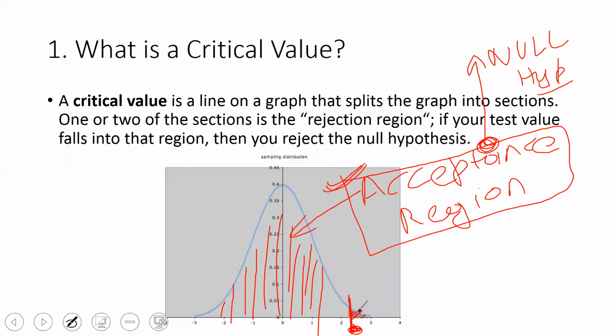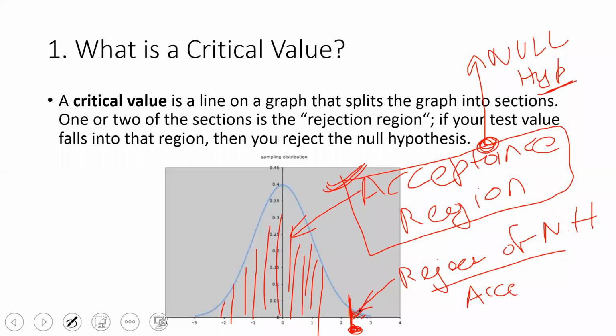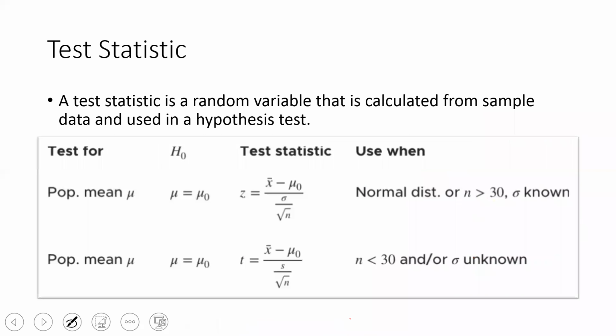And one area will be rejection of null hypothesis, or we can say the acceptance of alternate hypothesis. So this value is known as the critical value.